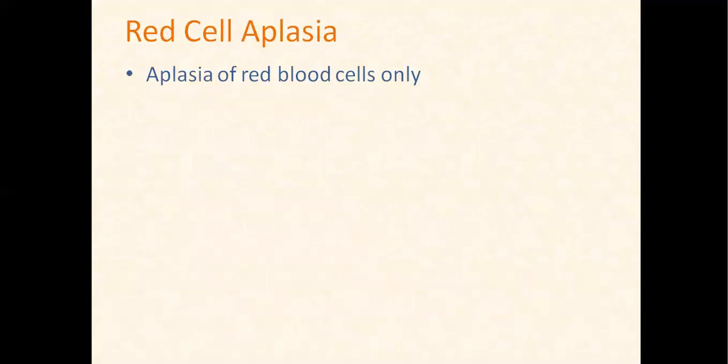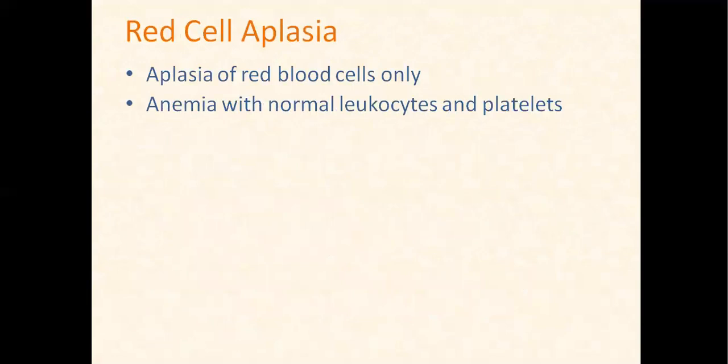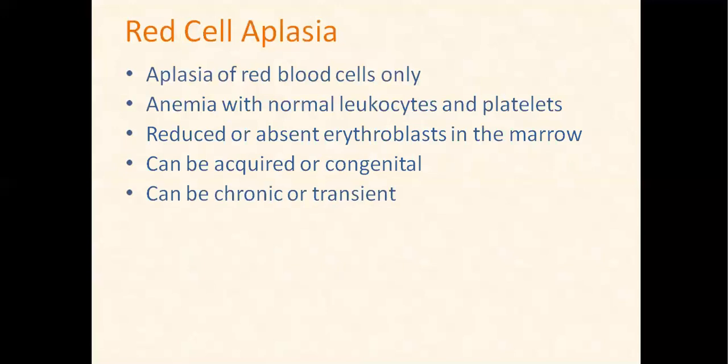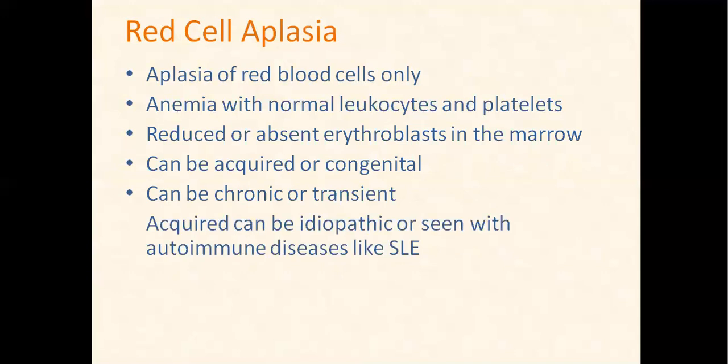Red cell aplasia is aplasia of red blood cells only, anemia with normal leukocytes and platelets, with reduced or absent erythroblasts in the bone marrow. It can be acquired or congenital, chronic or transient.